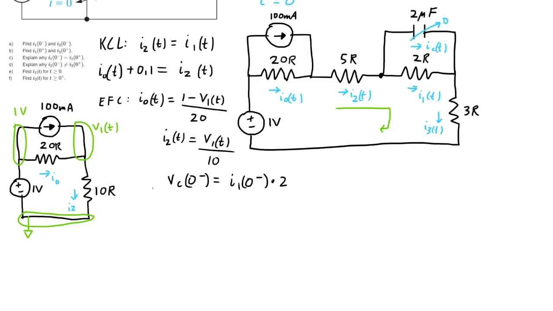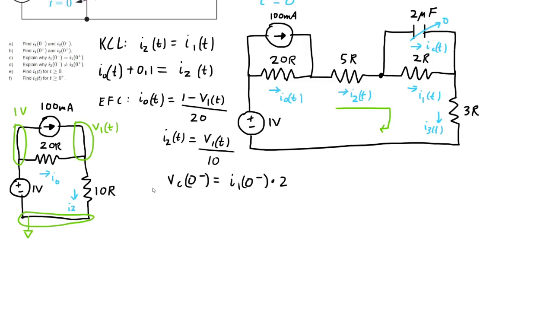And came up with these equations that will model that circuit. And we're going to go ahead and solve them to find out what 0 minus is for I1 and I2. And we also need to find the initial charge on the capacitor for the next steps.